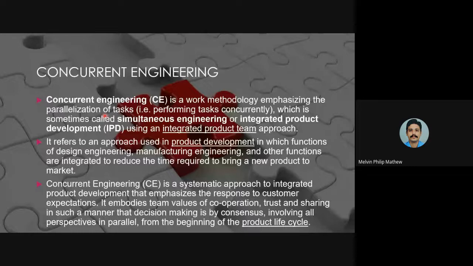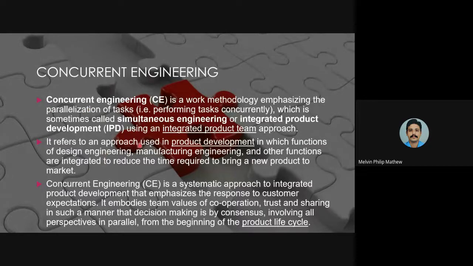We have heard about a term known as multitasking, right? The same function is done in concurrent engineering. We are performing tasks concurrently, or parallelization of tasks. When one task is done, another is done separately for the same outcome itself. That is what is known as concurrent engineering.